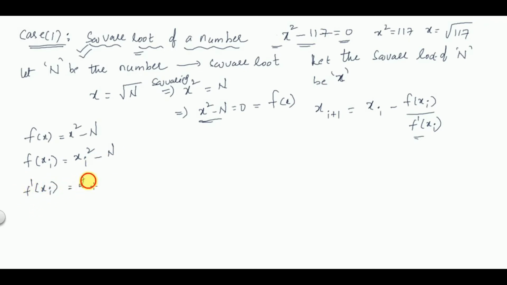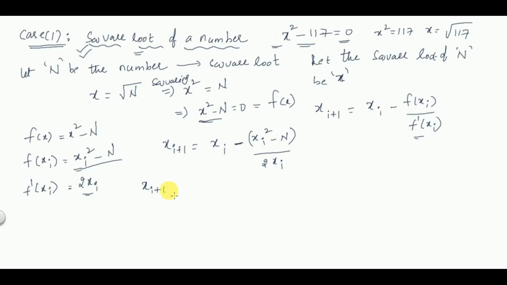It will be the differentiation of this, so it will be 2xi. Differentiation of xi square is 2xi. So xi plus 1 is equal to xi minus f of xi, which is xi square minus n, divided by f dash of xi, which is 2xi.